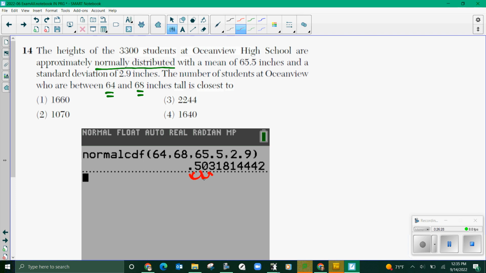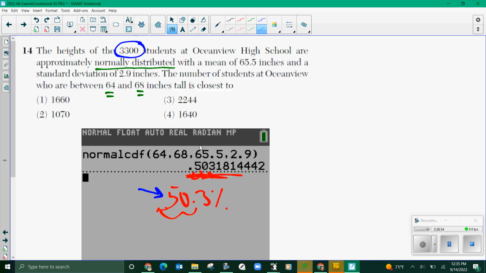So it didn't give me the percent. This would have been 50.3%, but the calculator can't do that. It gives you the 0.50 thing that we have right here. That's not an answer. You had 3,300 students, so roughly 50.3% of them are in that interval. So how do I find a percent of a number?